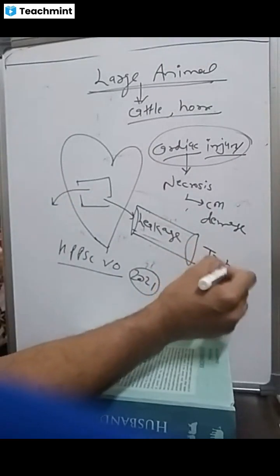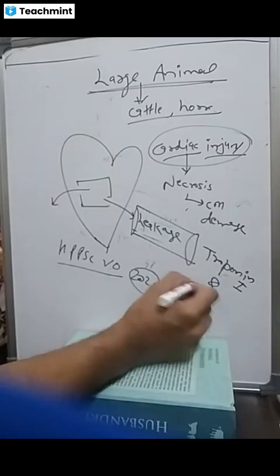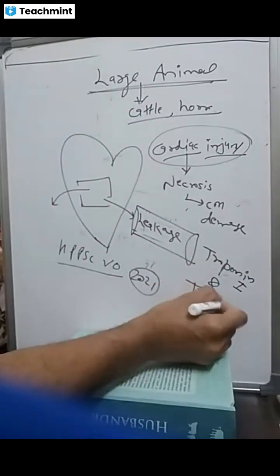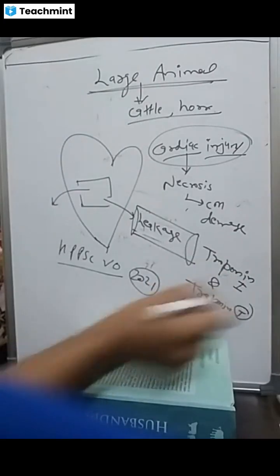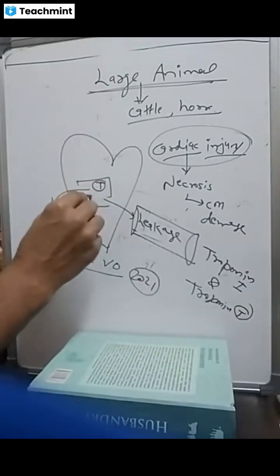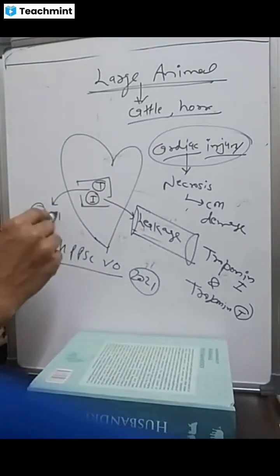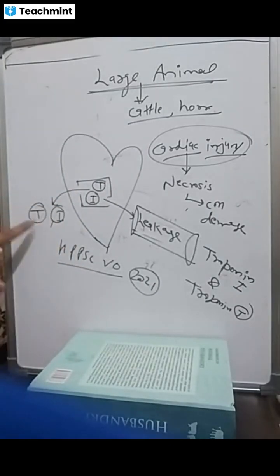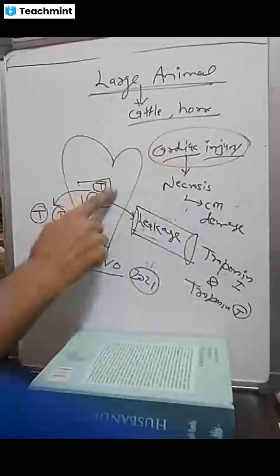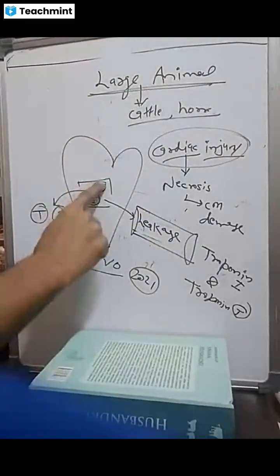They are troponin I and troponin T. So there are two, troponin T and troponin I. These are the biomarkers of cardiac injury, cardiac necrosis in case of large animals.